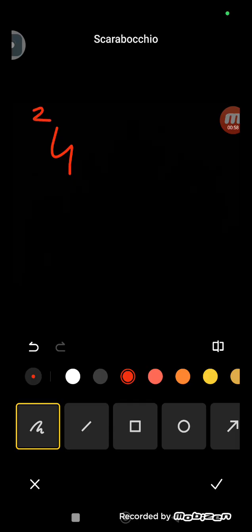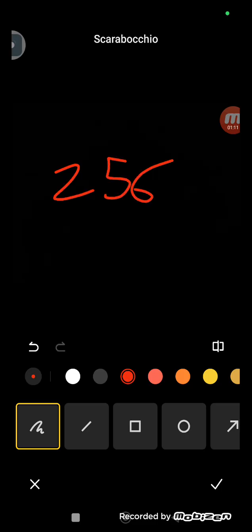4 tetrated to 2 is 4 to the power of 4, which is 4 multiplied by itself 4 times, which is 256.